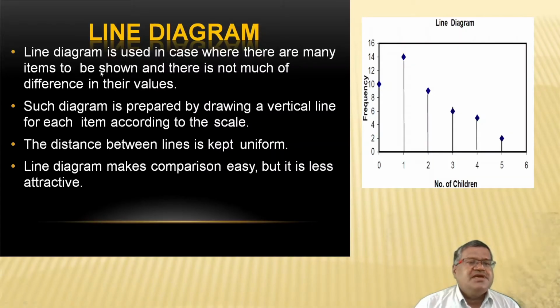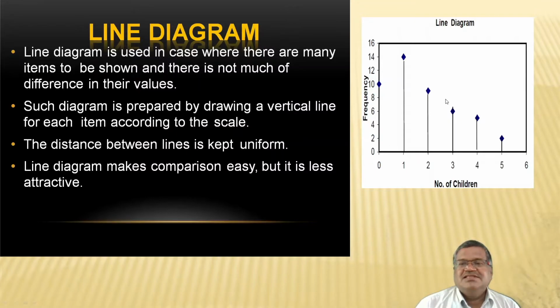A line diagram is used where there are many items to be shown and there is not much difference in their values. Such a diagram is prepared by drawing a vertical line for each item according to the scale. The distance between lines is kept uniform. The line diagram makes comparison easy, but it is less attractive.